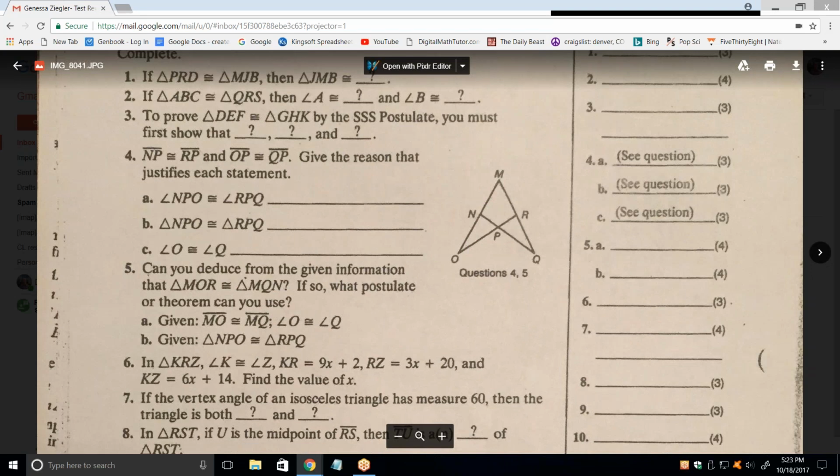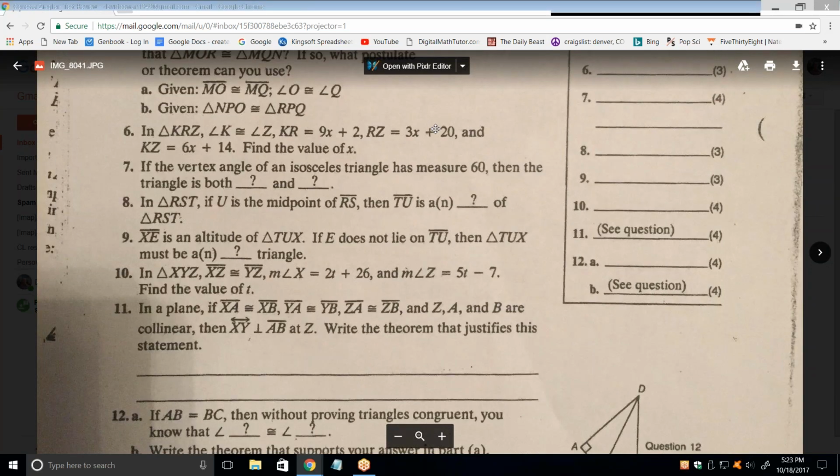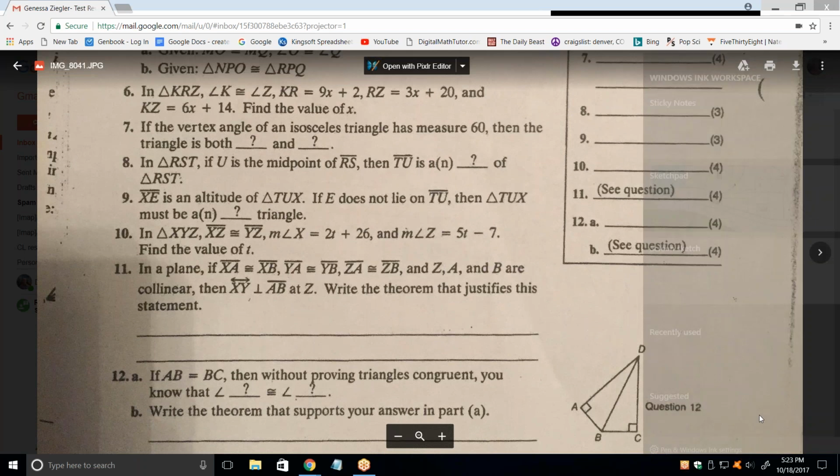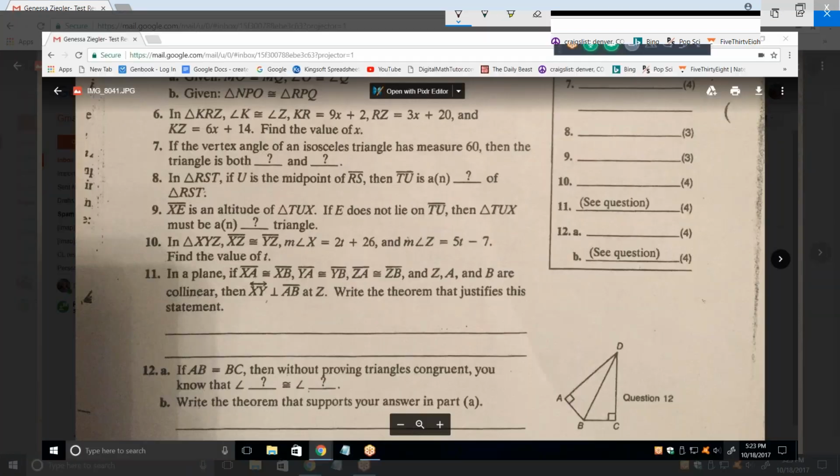Okay, let me scroll down here. Let's draw us a triangle. Label it K, R, Z. Angle K equals angle Z. What kind of triangle does that make right off the get-go?